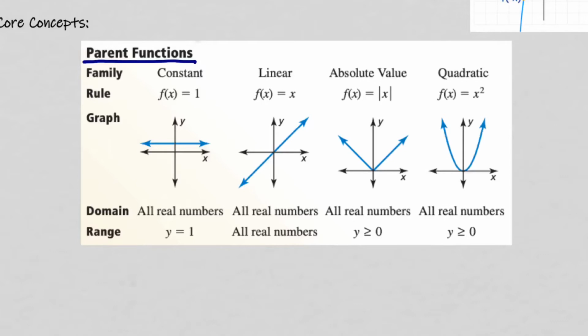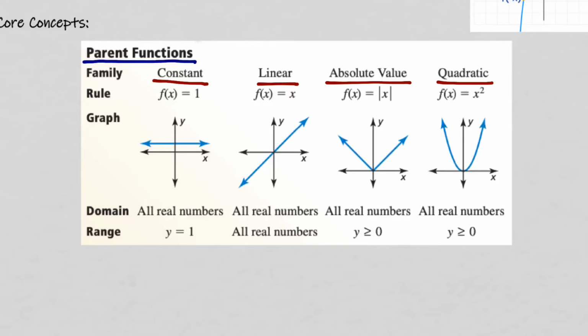So the families we're going to cover in chapter 1 are constant, linear, absolute value, and quadratic. All of their graphs in that family will be very similar in their characteristics.